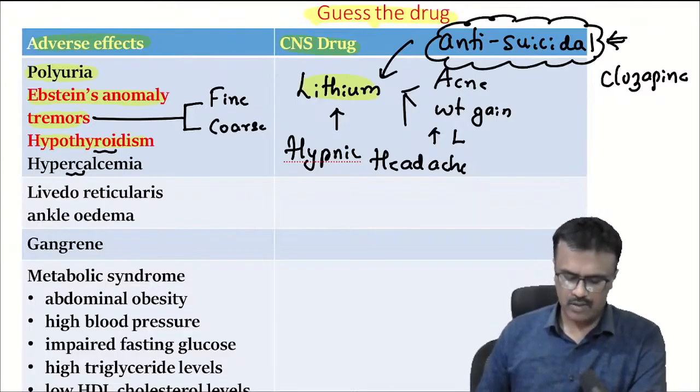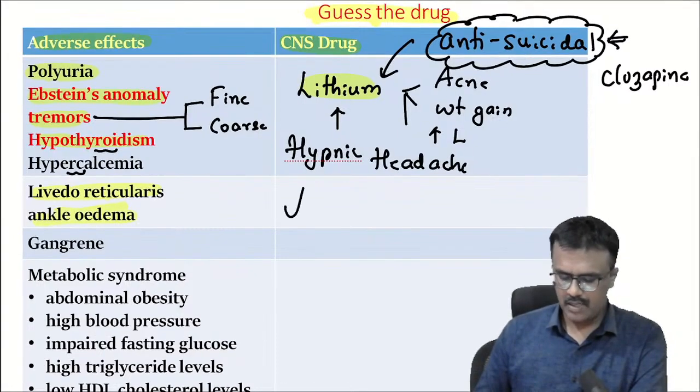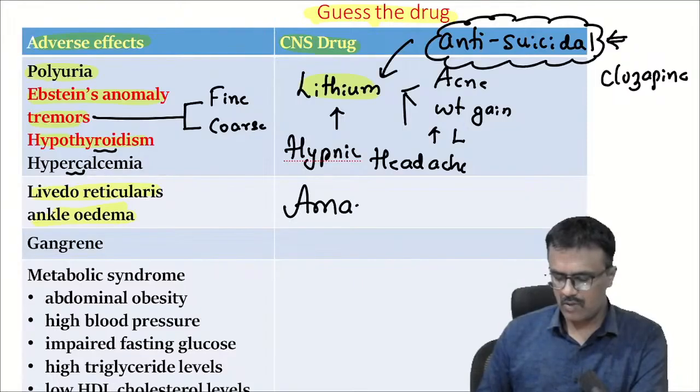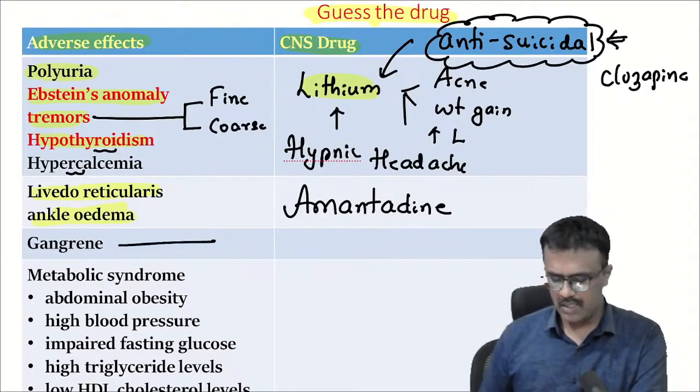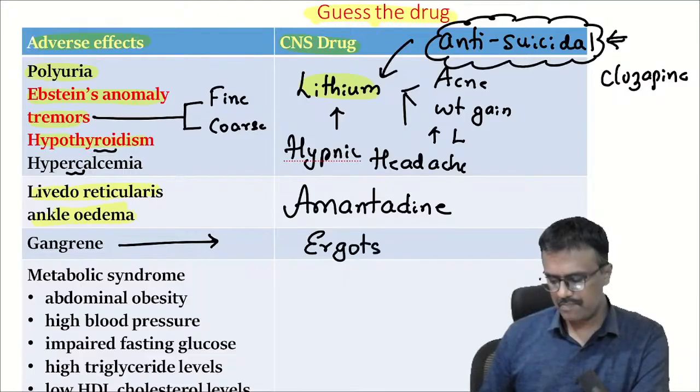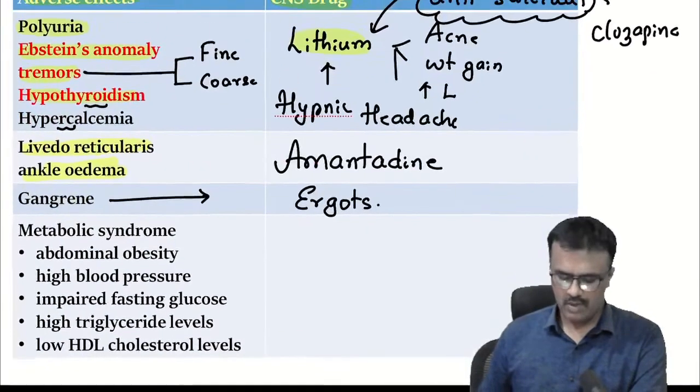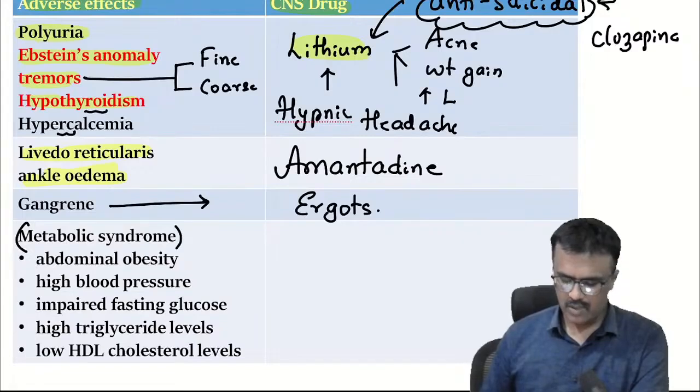Which CNS drug causes livedo reticularis and ankle edema? A drug used in Parkinson's disease, the name is amantadine. Which drugs in CNS can cause gangrene? They are nothing but ergot drugs, ergotism. What drugs in CNS can cause metabolic syndrome?